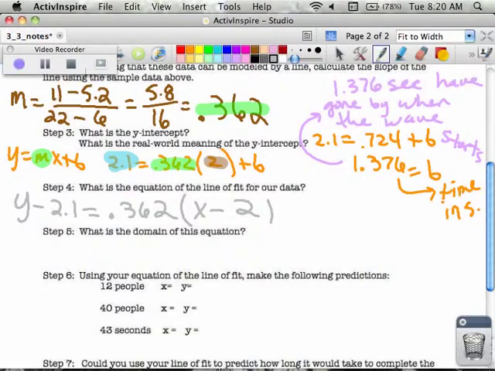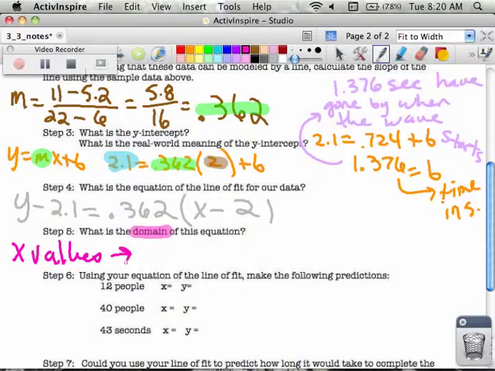Domain is talking about x values. Or in other words, what could my x values be?